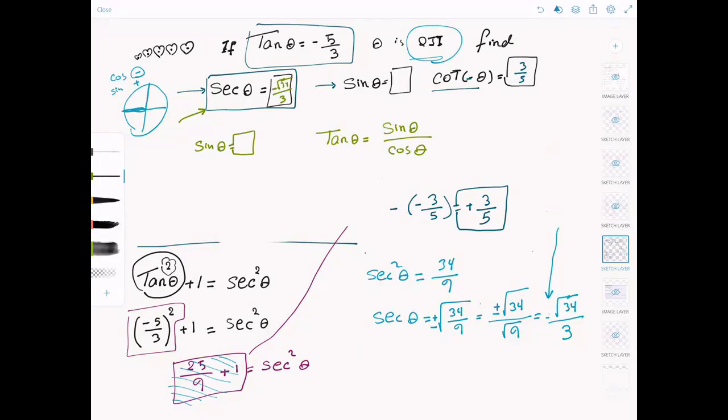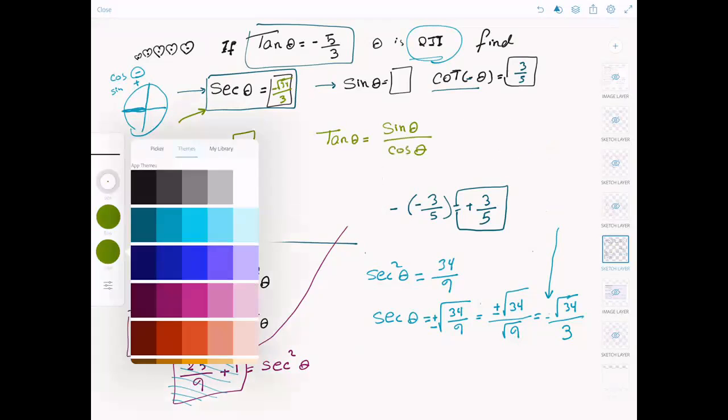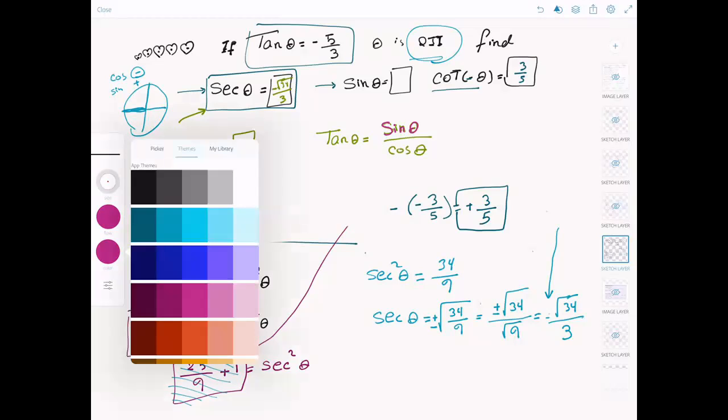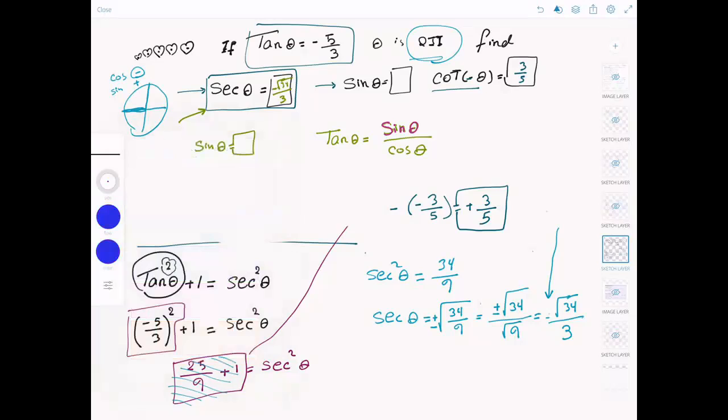We are interested to get sine. Do we have tangent? Tangent we have is right there. Do we have cosine? Karen, do we have cosine?